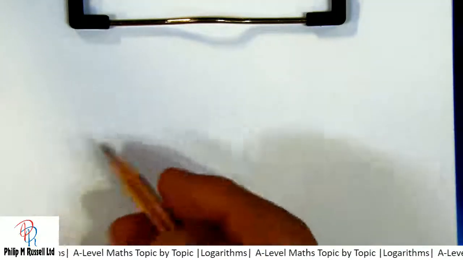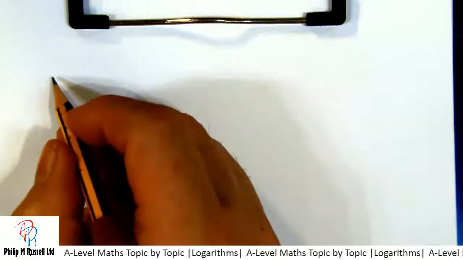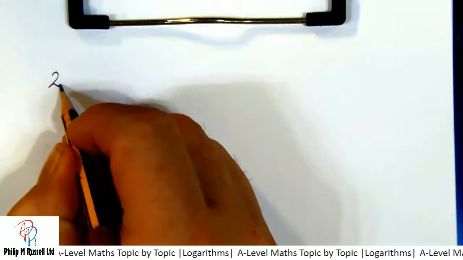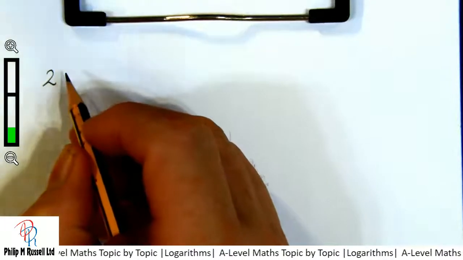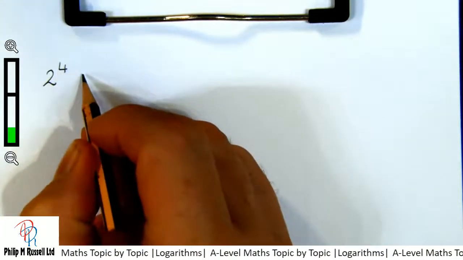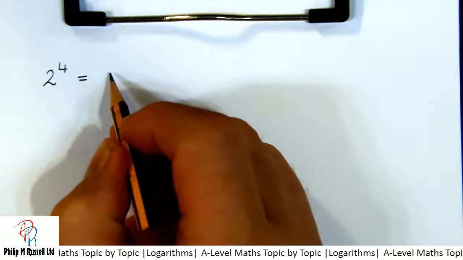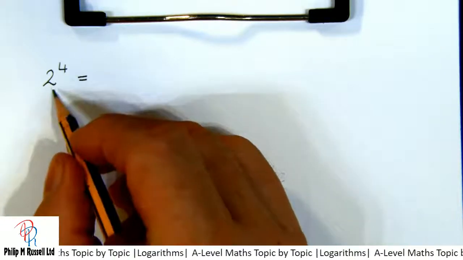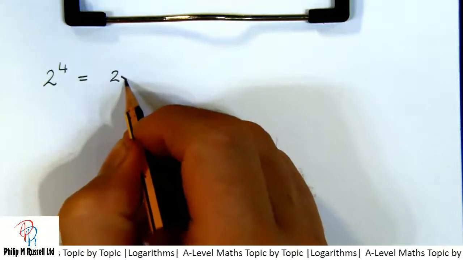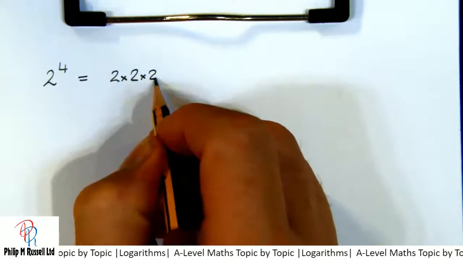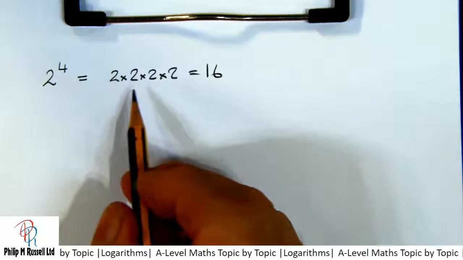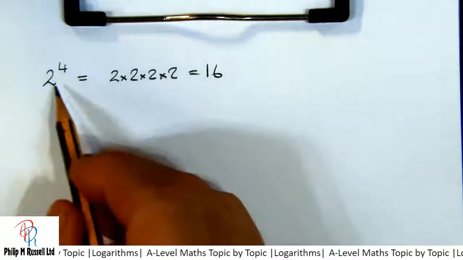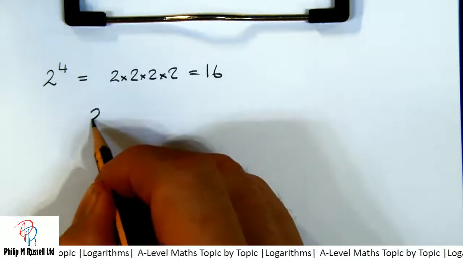So let's say I've got a number, 2 to the 4, and we say that 2 to the 4 is going to equal 2 times 2 times 2 times 2, which is going to be 16. Right, so what have we got here?